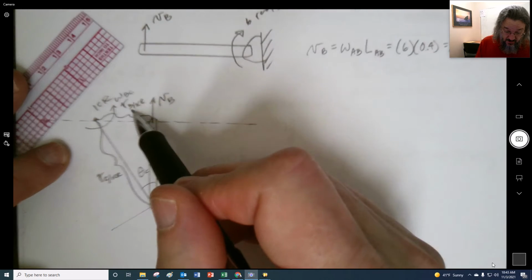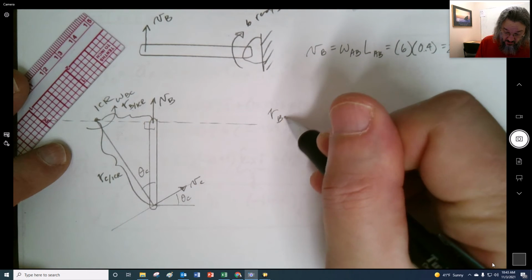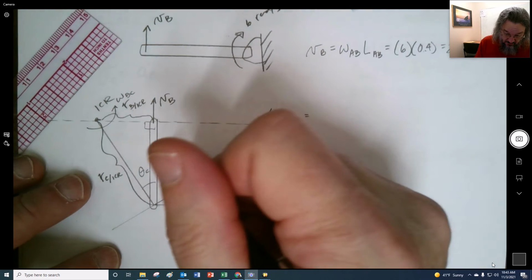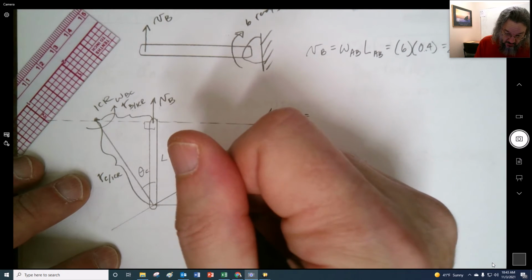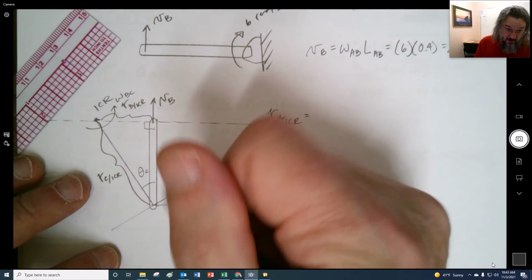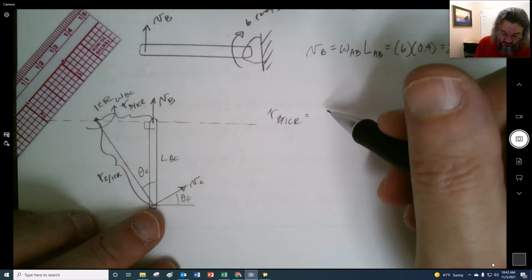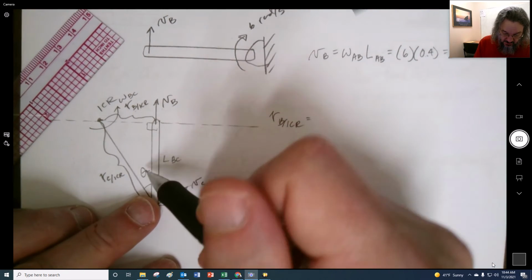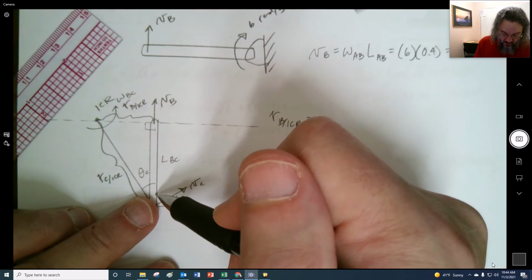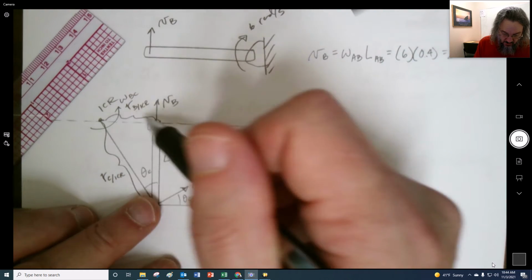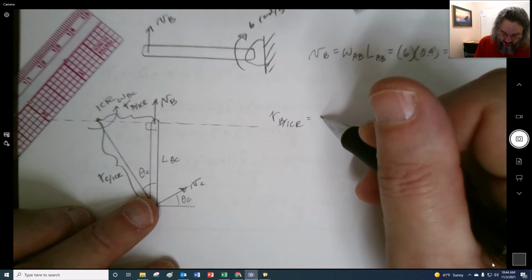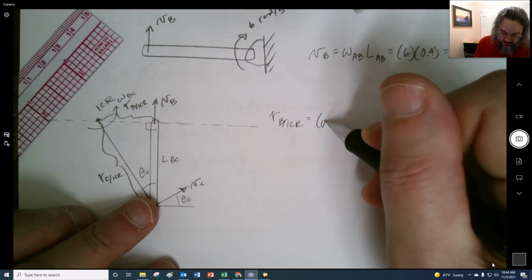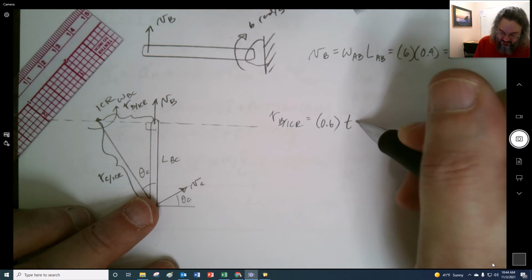So now we need to find this RB with respect to ICR. And the geometry is not terribly difficult. I mean, we know that this right here is LBC, that length. So in this case, here's the angle, and here's this. This is going to be the run, and we want to find the rise, right? So we just have to multiply our LBC, which is 0.6, times the tangent, right?